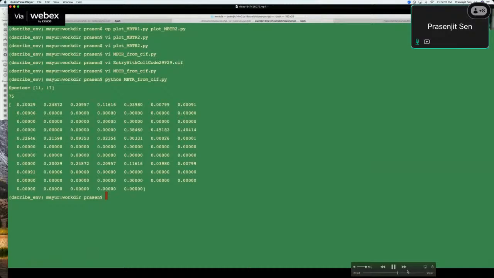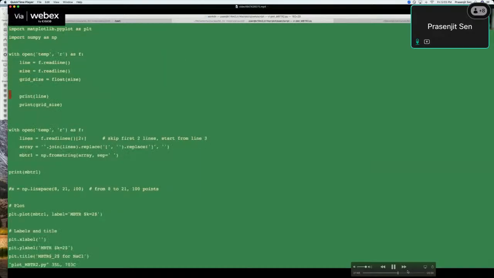So now we run the same thing, but we save it to a file. And then I have a separate file.